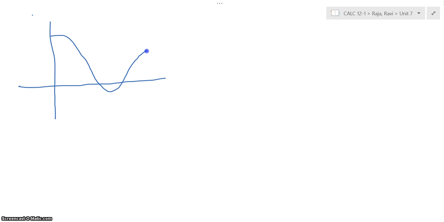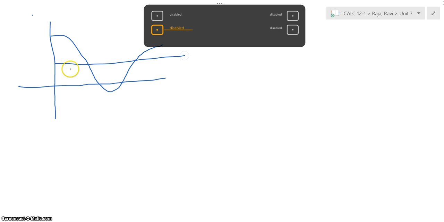Then the other kind is when we have two graphs that are intersecting each other, and I'll show an example of that. We could have another graph here, which drops below and comes up, and a graph that goes straight.